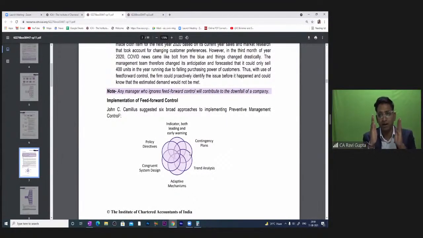So it is called concurrent system design. And policy directives. Definitely policy directives are called standard procedures like SOPs, and how the policies are there, how they will be directing and guiding us. So these are the 6 broad approaches to implement the preventive management control system.